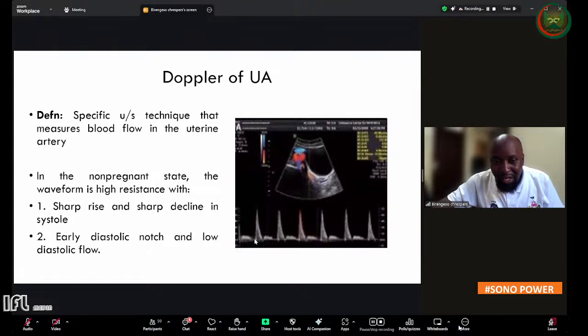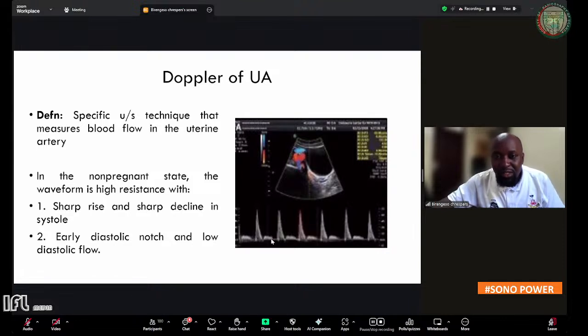In systole, it has a sharp rise and a sharp fall. In diastole, there is an early diastolic notching, as we can see clearly here, and a low end diastolic flow. Sharp rise and sharp fall in systole; in diastole, a diastolic notch and a low diastolic flow.